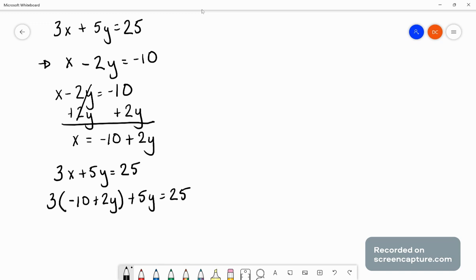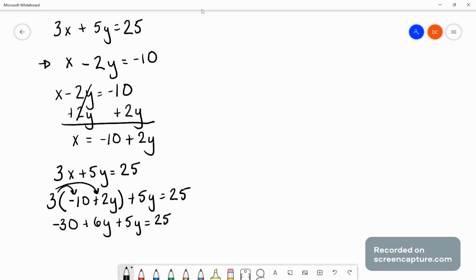Okay. Now this one's a little more difficult than the other one. We have to distribute our 3, right? This is 3 times each term in here. So 3 times -10 is -30, plus 3 times 2y is 6y, plus 5y equals 25.